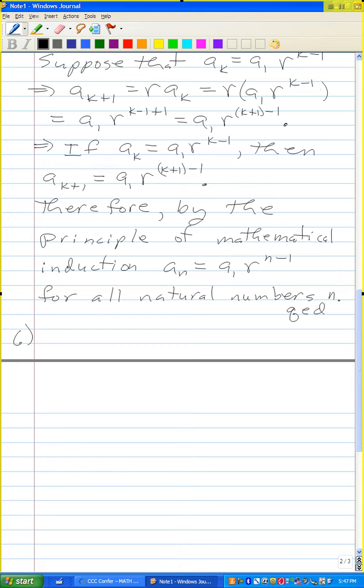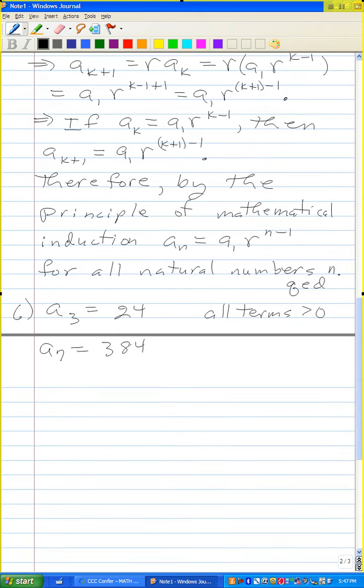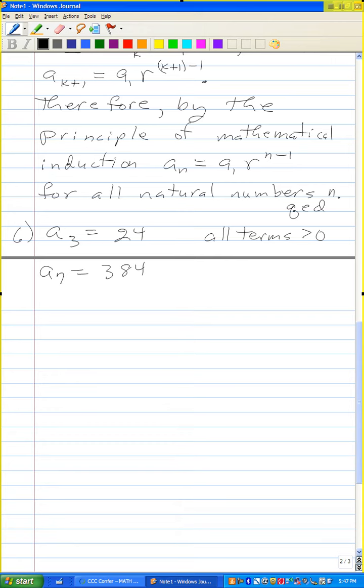We're given that a sub 3 is equal to 24, a sub 7 is 384, and all terms are positive. Well, we've just shown that the general term for a geometric sequence has the following form: a sub n is equal to a1 r to the n minus 1.